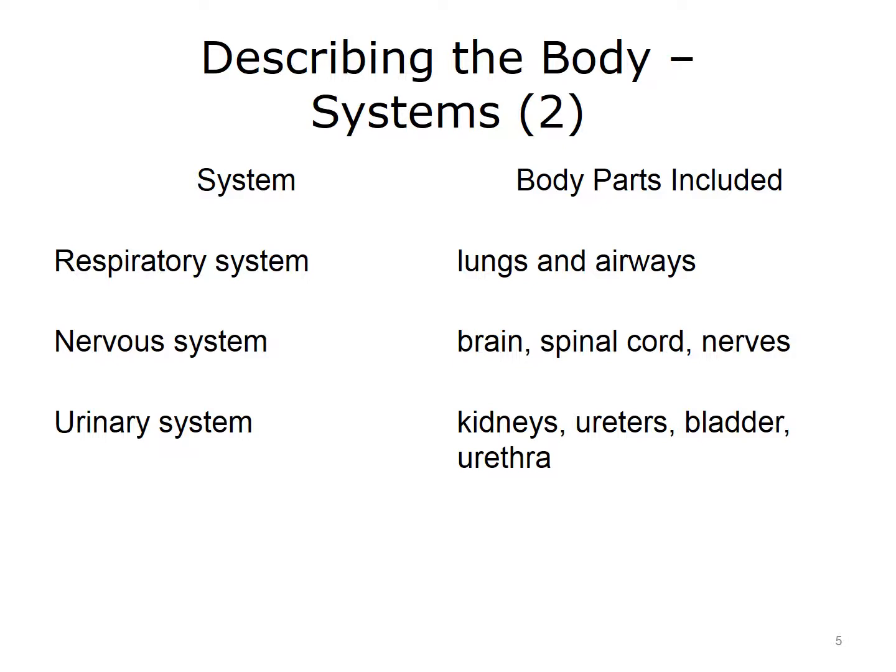The urinary system includes the kidneys, ureters, bladder, and urethra. Its function relates to excreting urine and waste products.